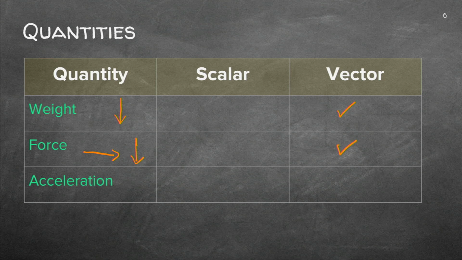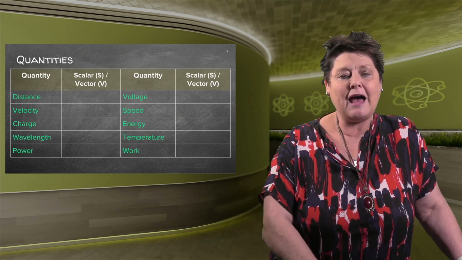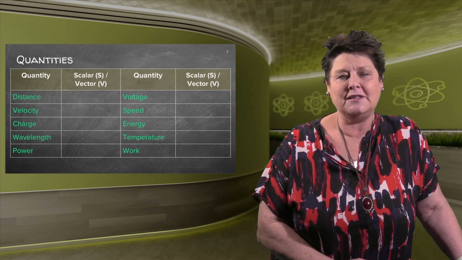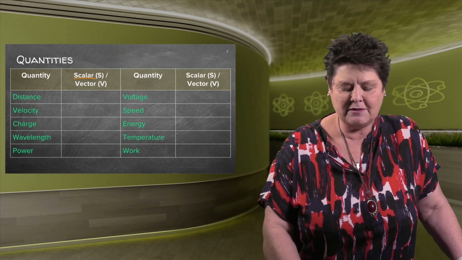That will also be a vector. And then acceleration will be in a certain direction, and we'll get to the calculations of that later, but that will also be a vector. So you will be expected to have many quantities and to distinguish between scalar and vector.